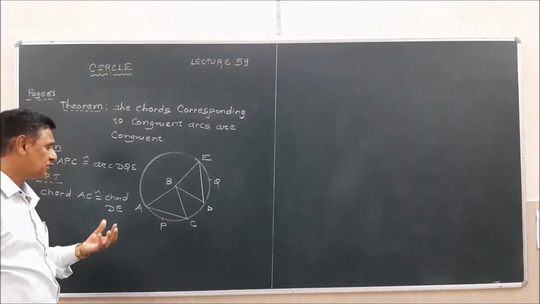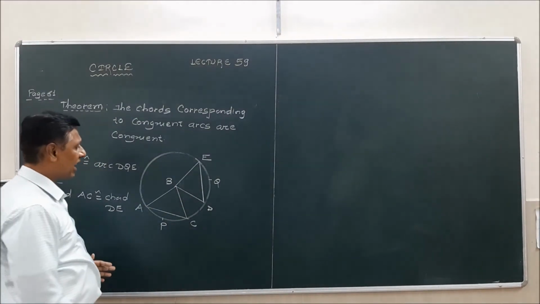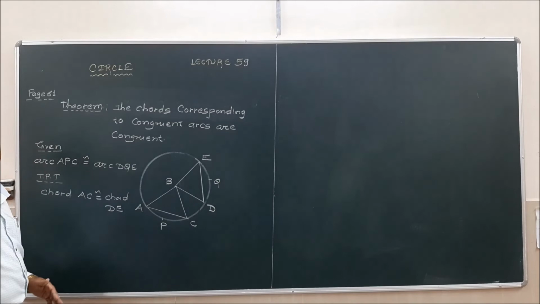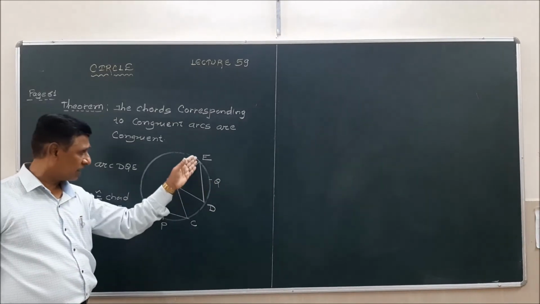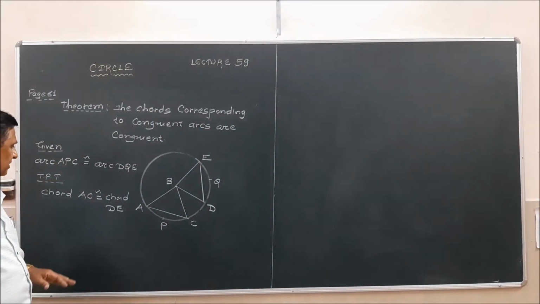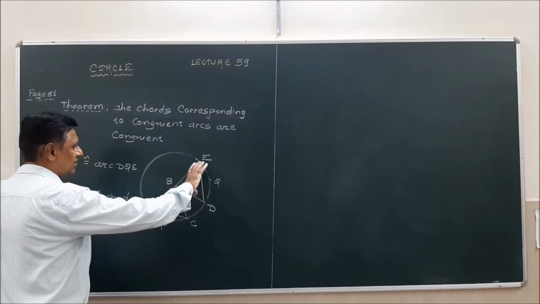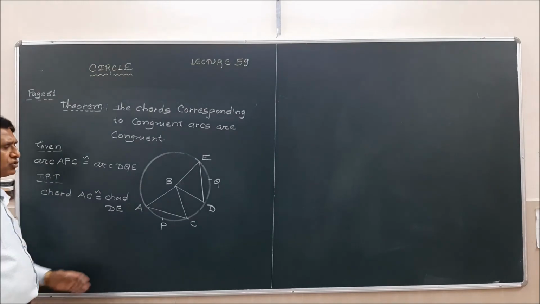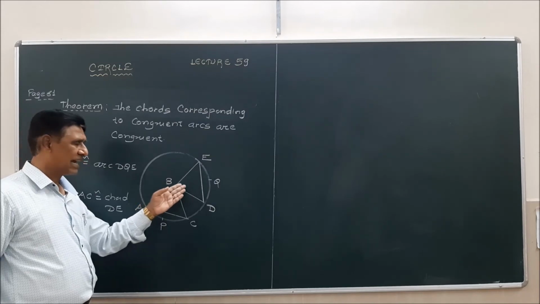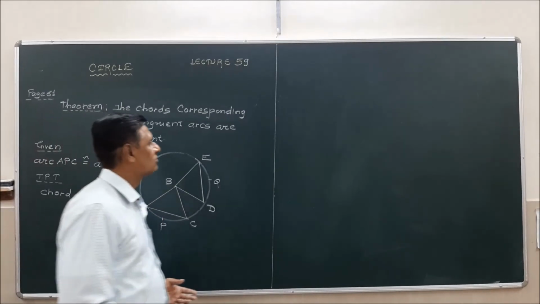They are intersected by chord AC and chord DE, and therefore we have to prove that corresponding chords of congruent arcs are also congruent. This DE is congruent with AC. Rest of the part is very easy. These are congruent arcs and we have to prove AC is equal to DE. Now I am going to prove these two triangles congruent very easily, because these are the sides of these two triangles. So proof.